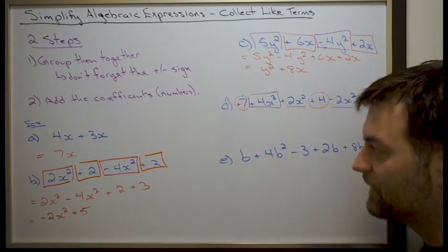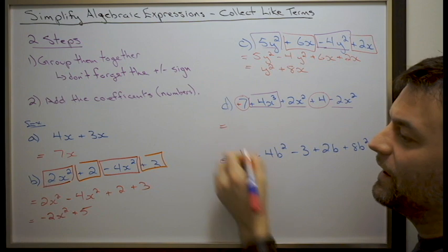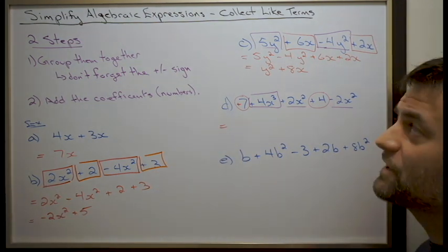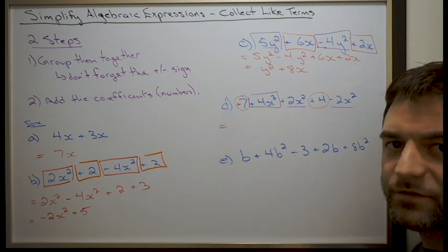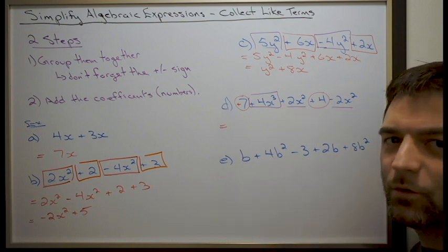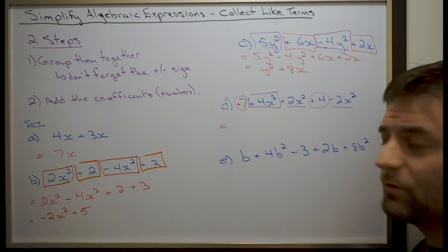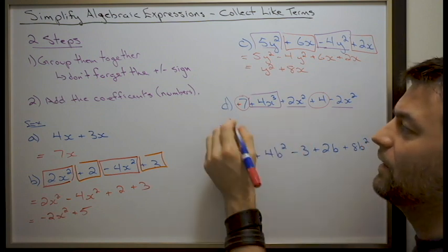So we're going to collect our like terms, and while the order doesn't matter, in general we write the terms with letters first and then the numbers, generally in descending order. But it doesn't matter what the order is, so I'll show you a couple ways you might write this.